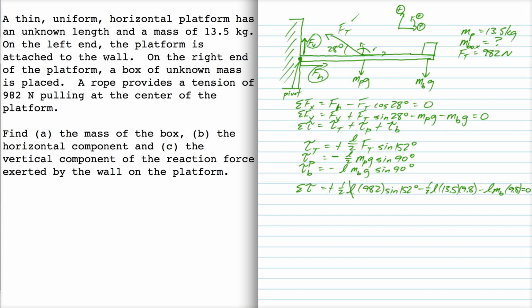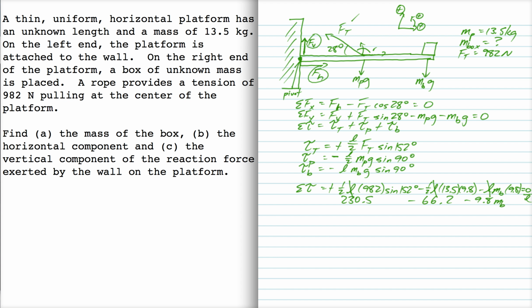Now the L goes away. I can divide every term by L. I can even divide 0 by L, and it's still 0. So this first term becomes 230.5. The second term becomes minus 66.2, and the third term becomes minus 9.8 MB.